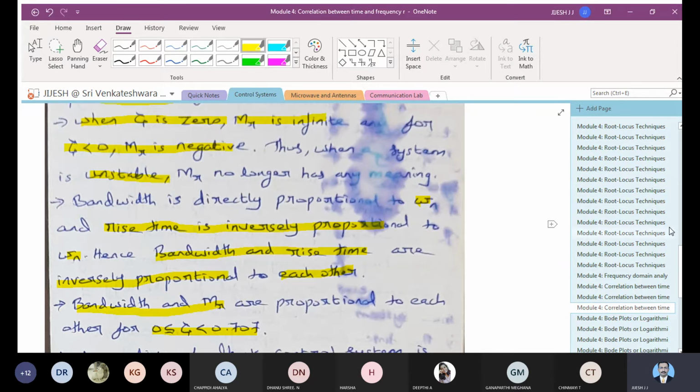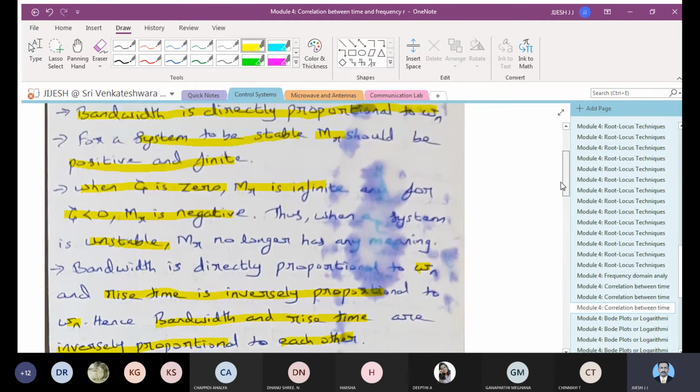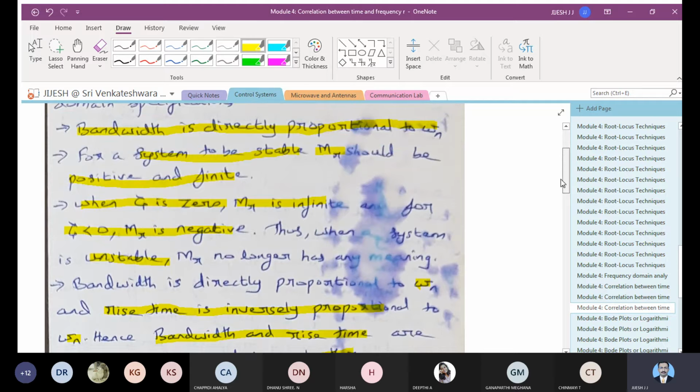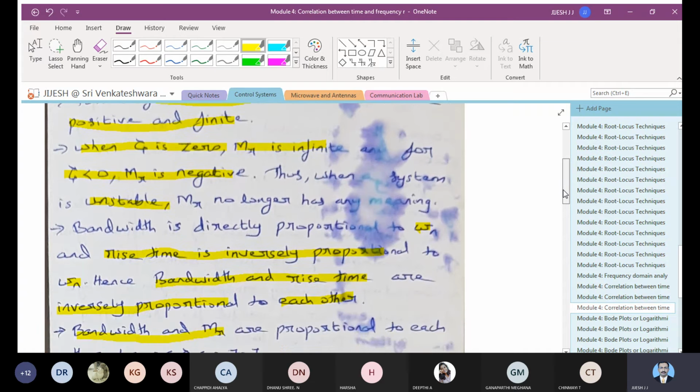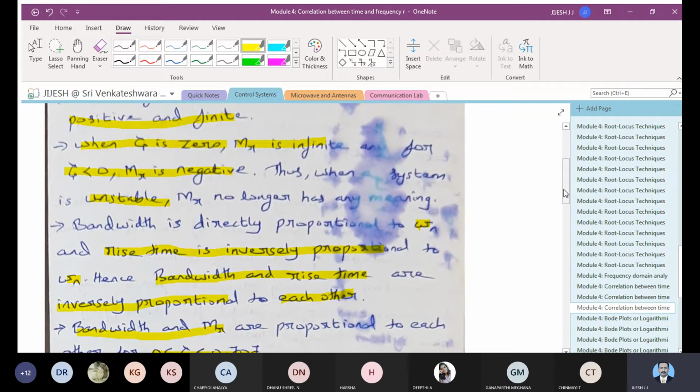In the other case, the bandwidth is directly proportional to omega n, and for the system to be stable MR should be positive and finite. So that is very important. And then bandwidth is directly proportional to omega n, and rise time is inversely proportional to omega n. Hence, we can say that bandwidth and rise time are inversely proportional to each other.